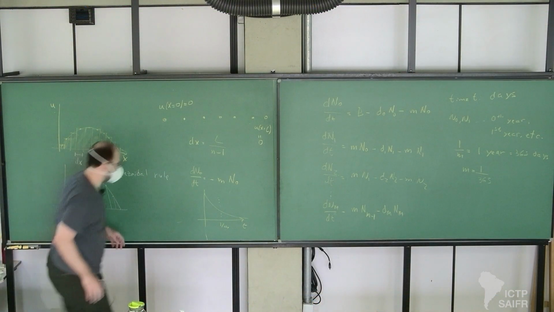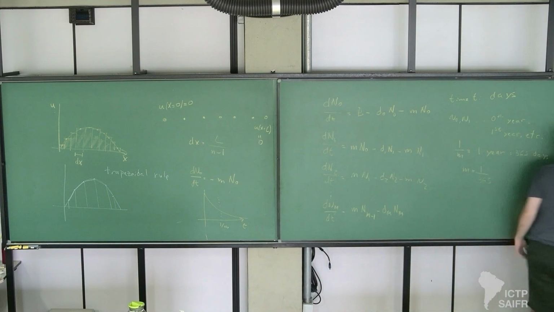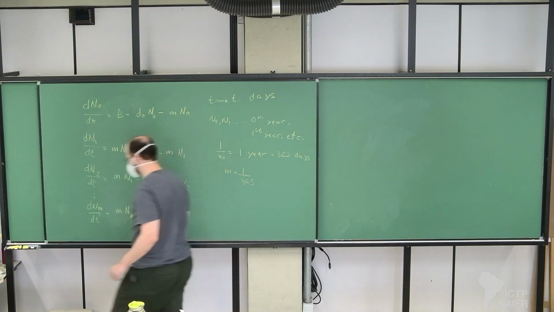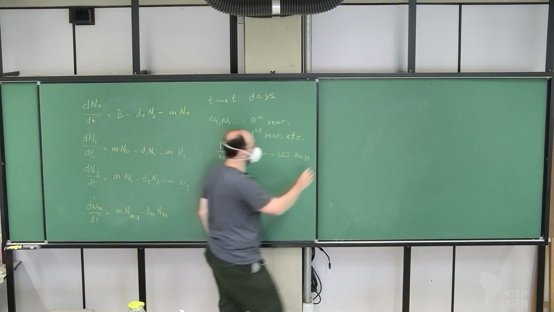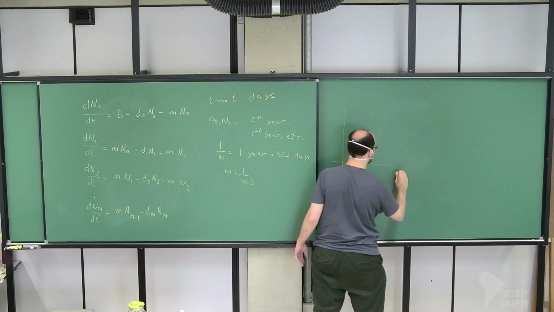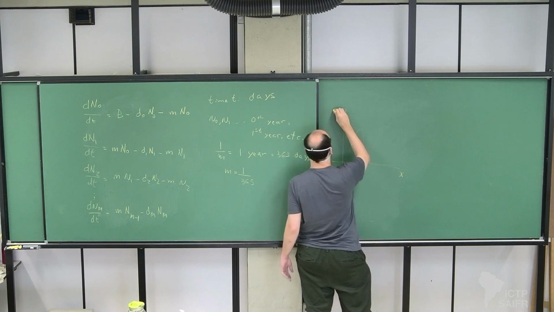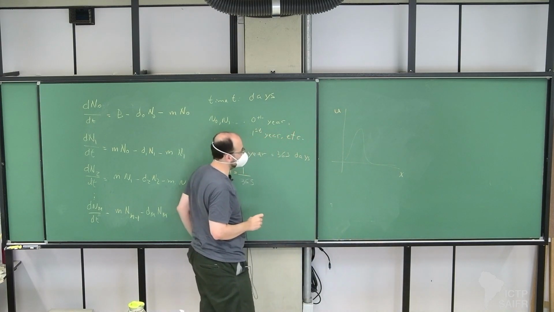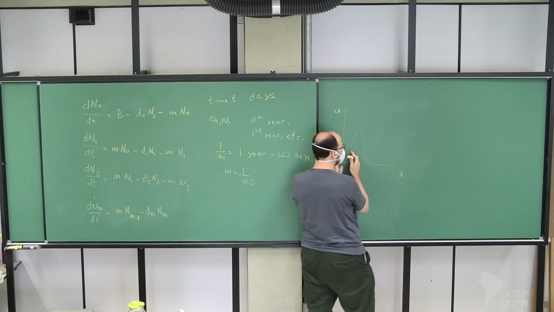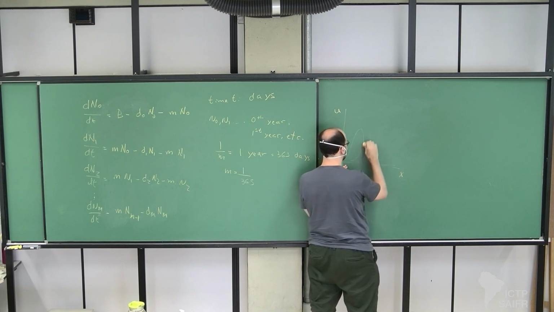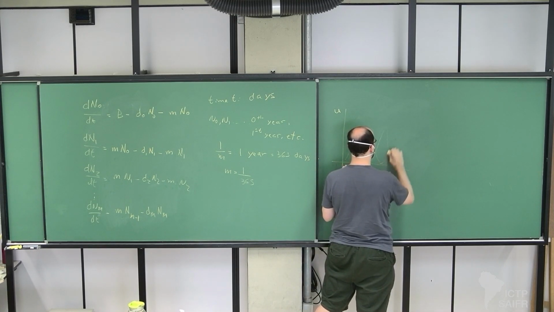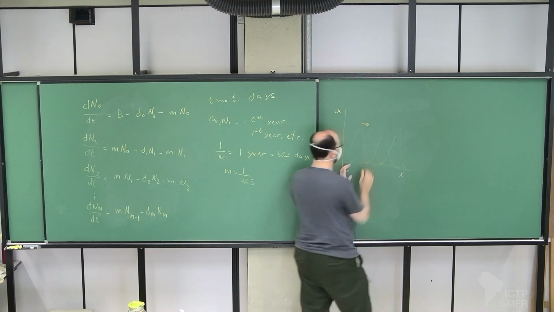So what do you expect? If you have a population distribution like this, where this is x, the age, and this is population density, and you don't have any births, after some time this will just move to the right. If you don't have mortality as well, this moves to the right. This is the solution to the advection equation.